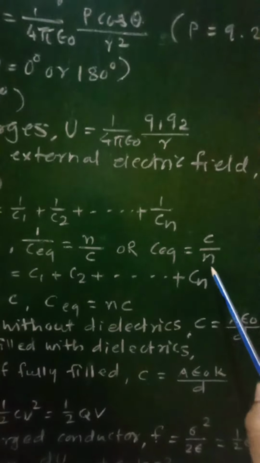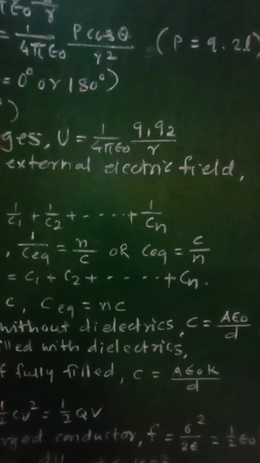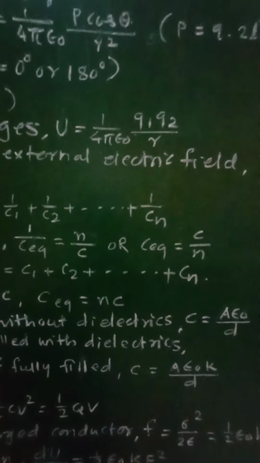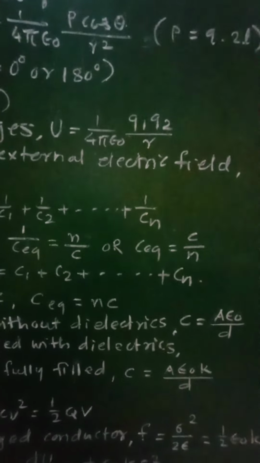From this relation it is clear that if the capacitors are connected in series, then their equivalent capacitance will decrease.